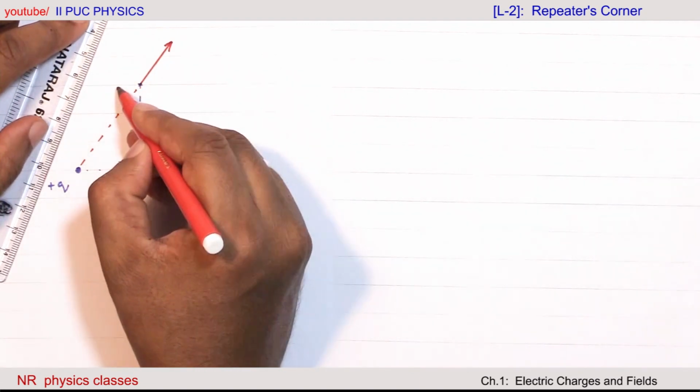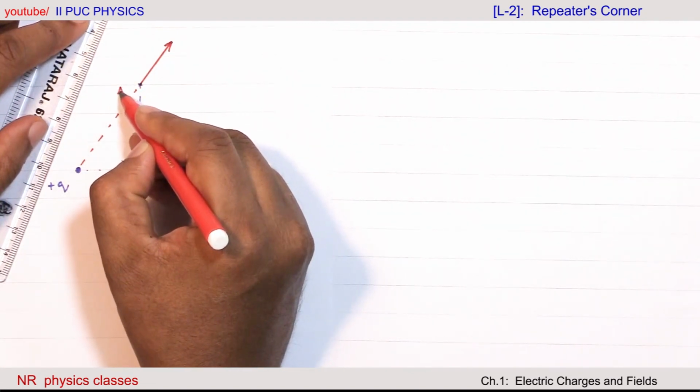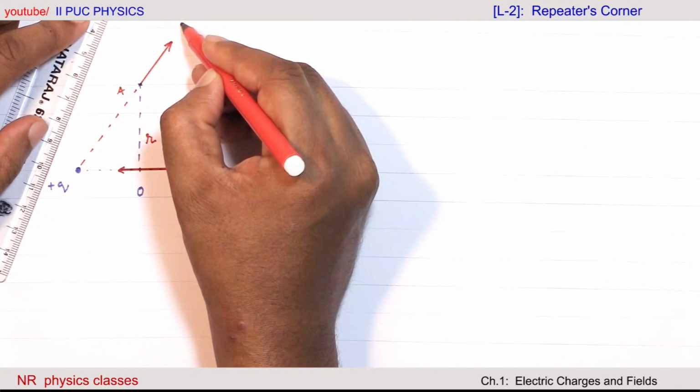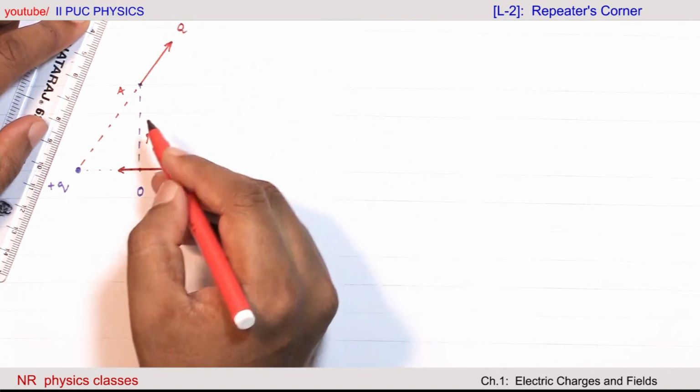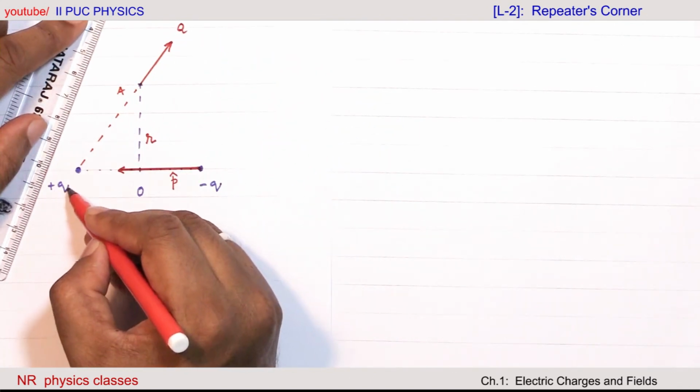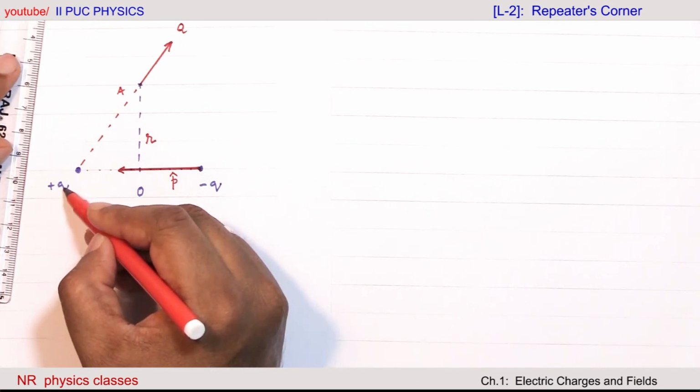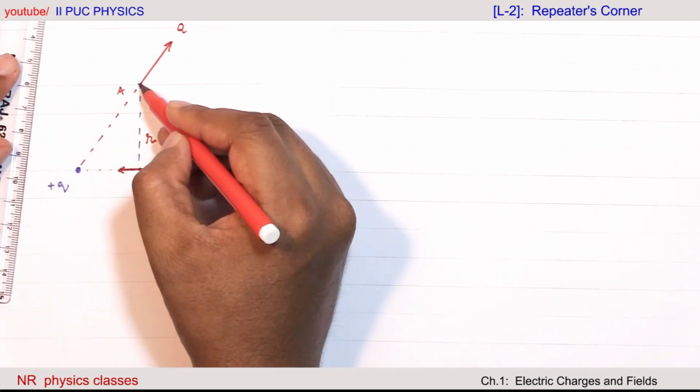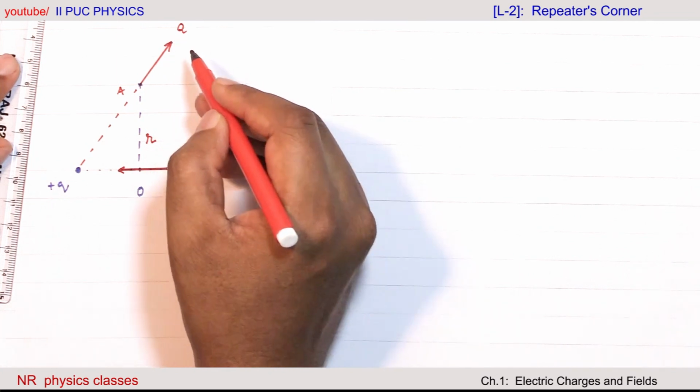If this is point A, let this be Q. So electric field due to positive charge at A is along AQ.